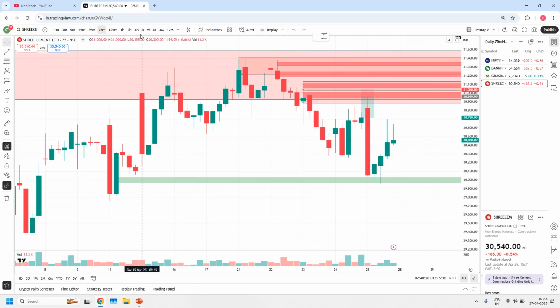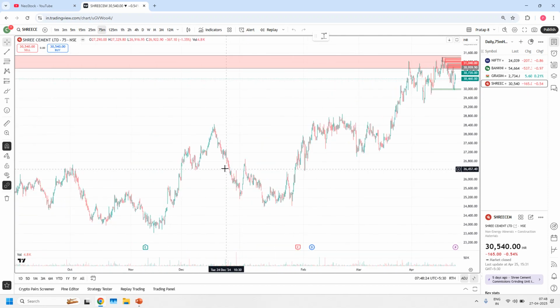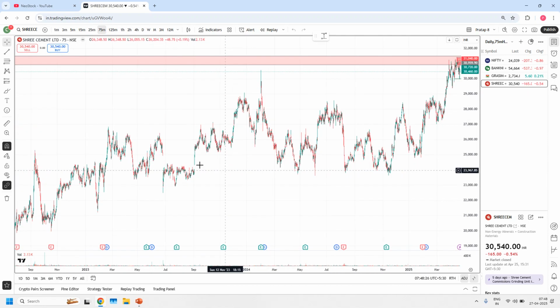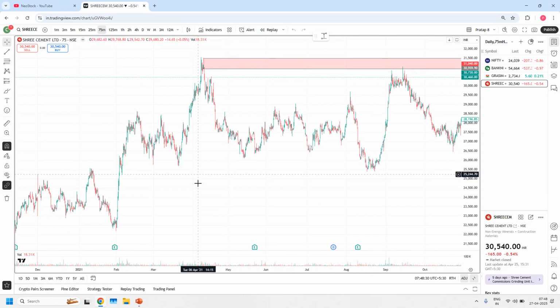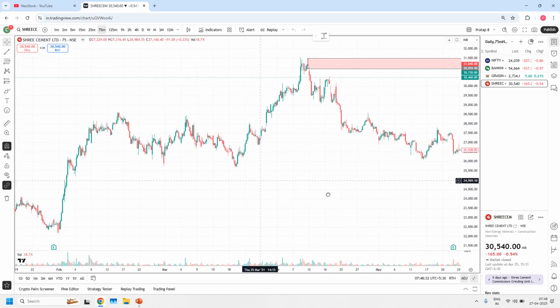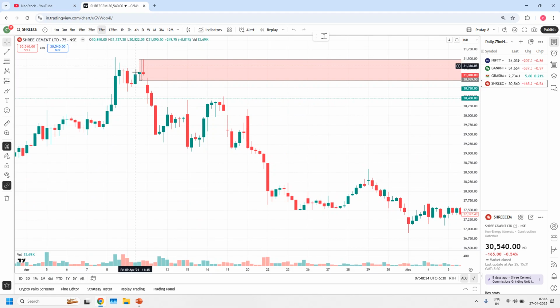See, Shriram Cement is a daily 75-minute high liquidity zone. Our software identified it. It's a very old zone. When our software identified this zone as a high liquidity zone, it was created on 9th April: 11:45 leg-in, 2 base candles with a hidden body, a drop candle on 12th April 2021.